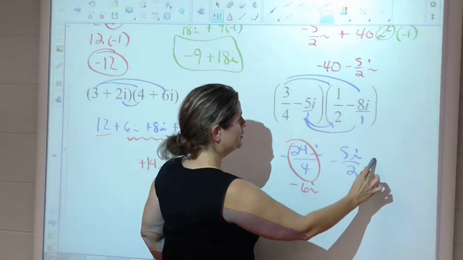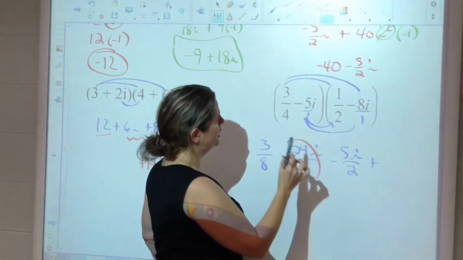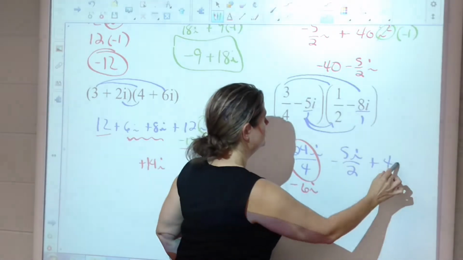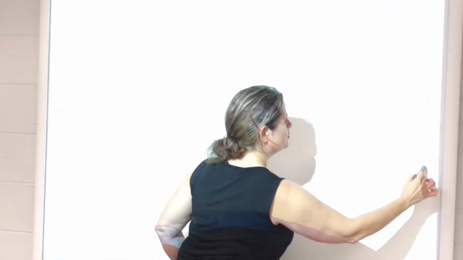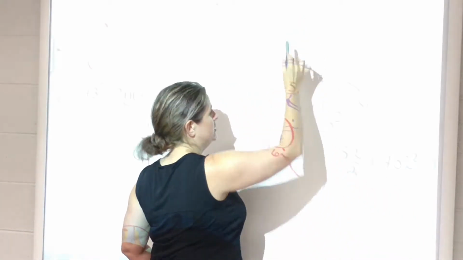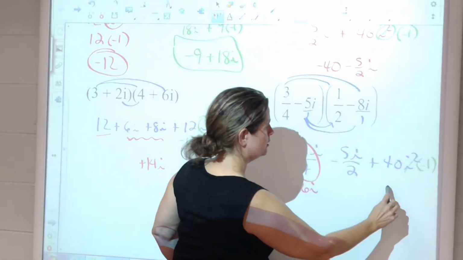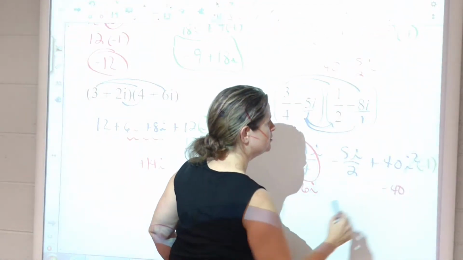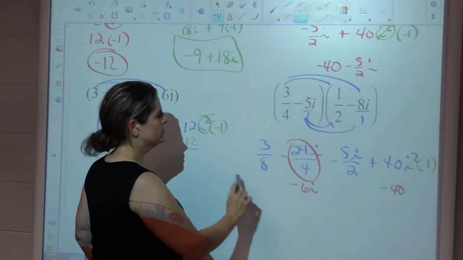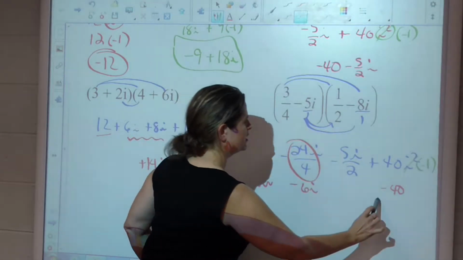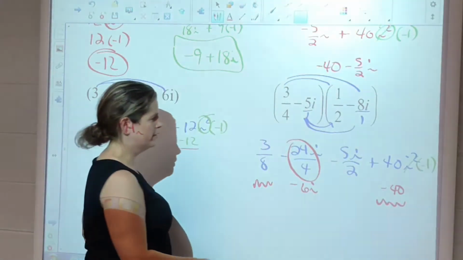When we multiply here, that becomes a positive 40i squared. Again, that i squared becomes a -1, so that this term is going to become a -40. We're going to combine our real terms, so the 3/8 and the -40 go together.